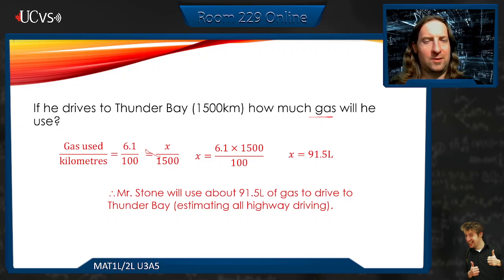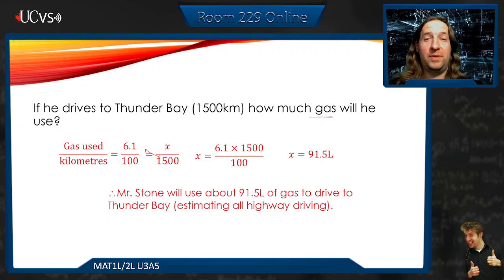Dollars wise, that would be about $120, $130 probably. Gas prices are a little bit higher out towards that direction, so probably closer to $130. Okay, so there we go.